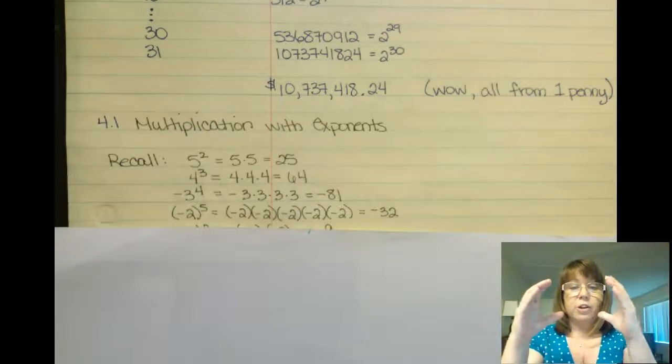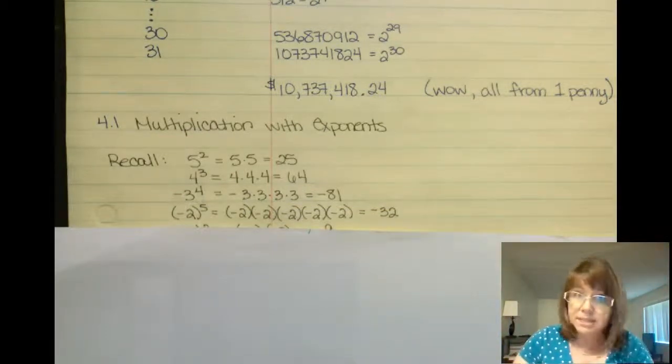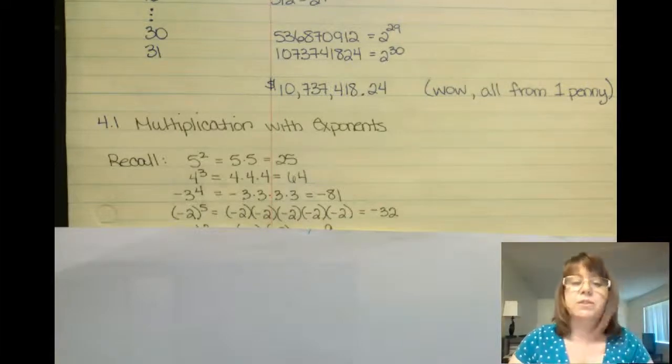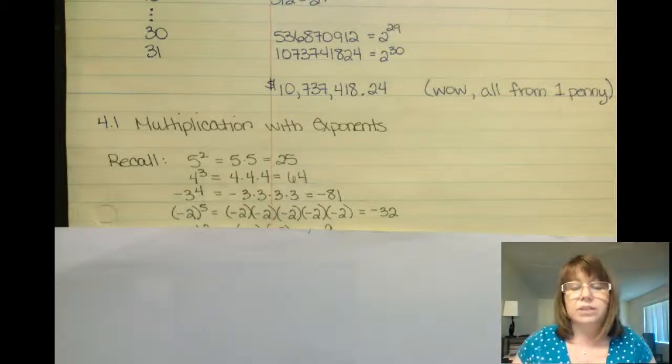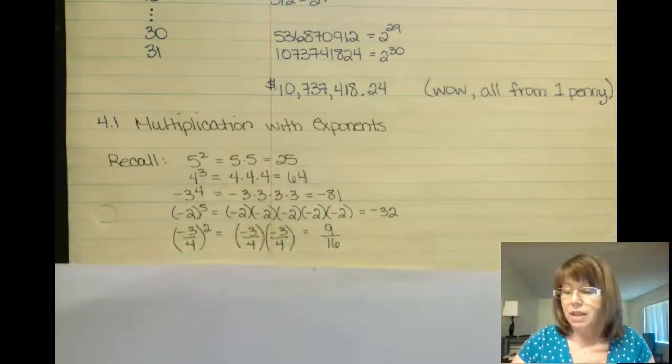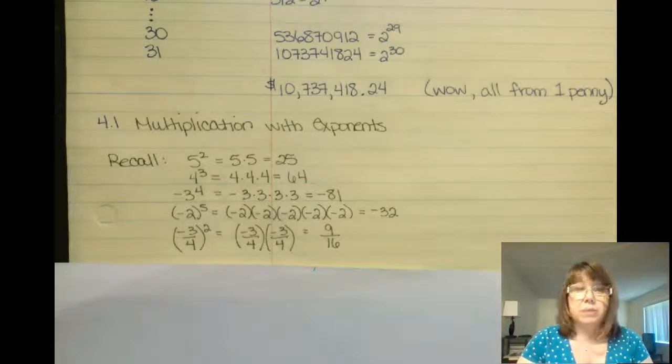If negative 2, the whole entire quantity, to the 5th, is going to be negative 2 times negative 2 times negative 2 times negative 2 times negative 2, there are 5 negatives, so that's an odd number. Your result is negative. Negative 32. And negative 3/4, squared, is going to be negative 3/4 times negative 3/4, which is 9/16.